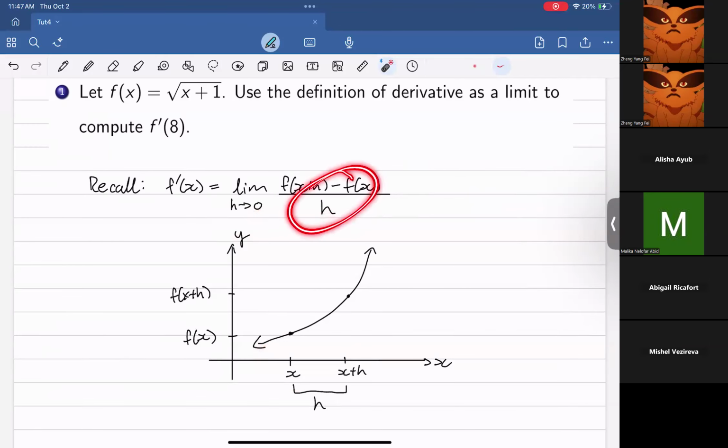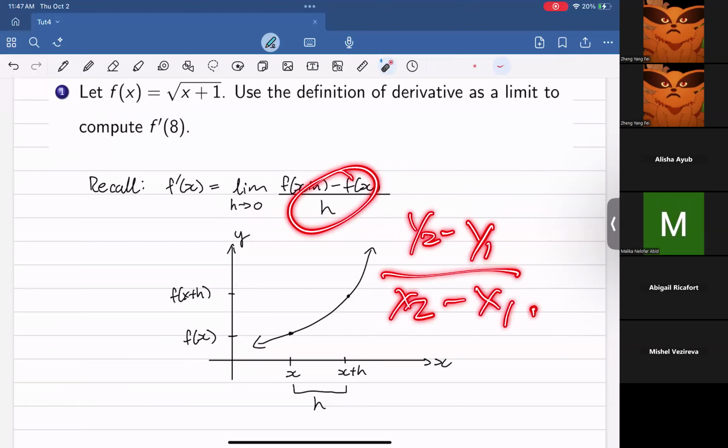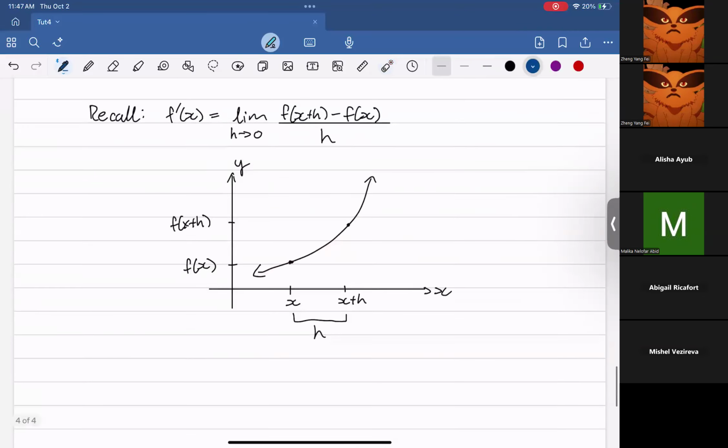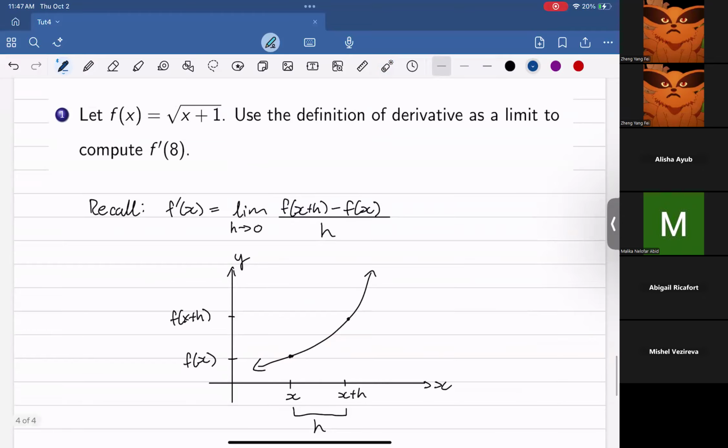This should remind you of the formula y2 minus y1 over x2 minus x1, but we're just taking x1, y1 and x2, y2 really close to each other. So what we have is basically the slope of this tangent line that touches this point. That's the intuitive definition of the limits.